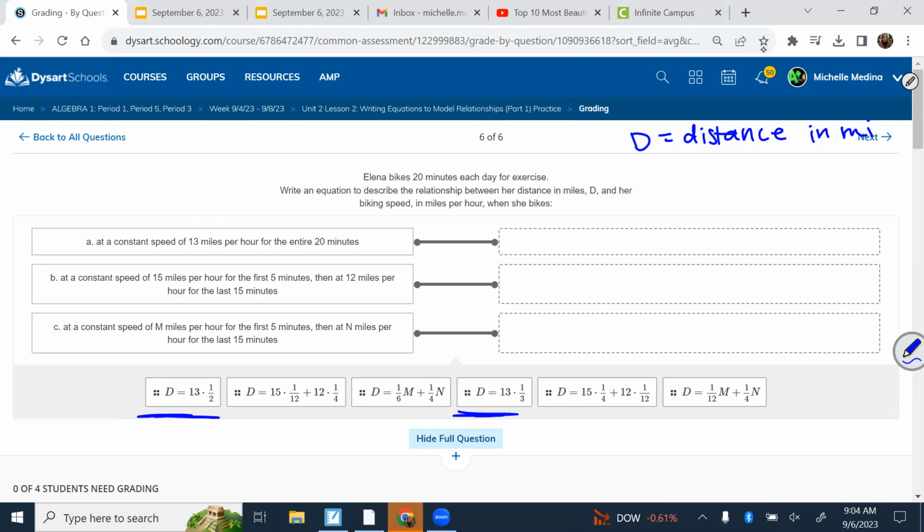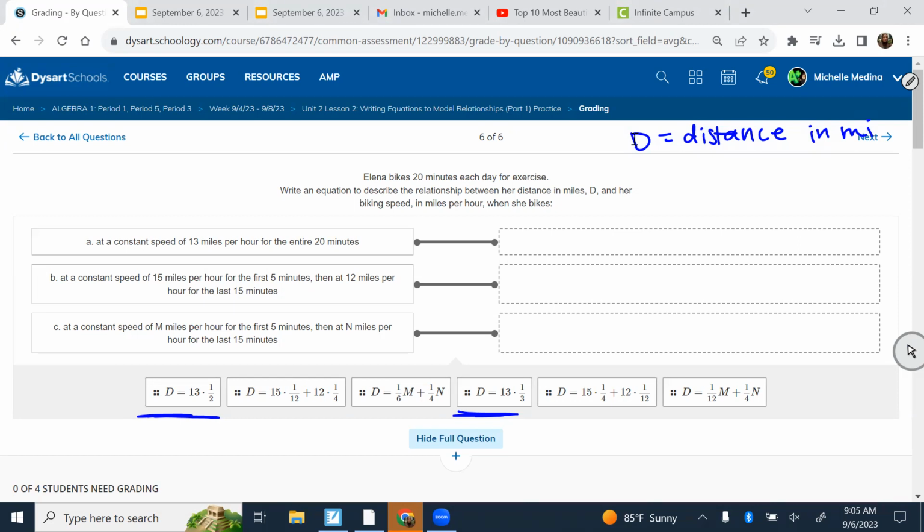Okay, so if the 13 is a constant speed for the entire 20 minutes, that relates to her distance in miles now. I've got 13 times 1. So here, D is distance in miles, and it's telling me she goes 13 miles per hour, but she's only biking for 20 minutes.